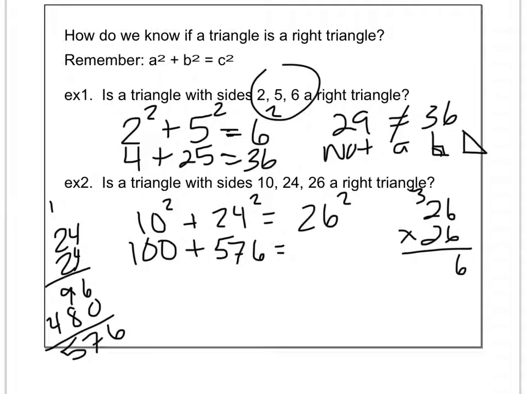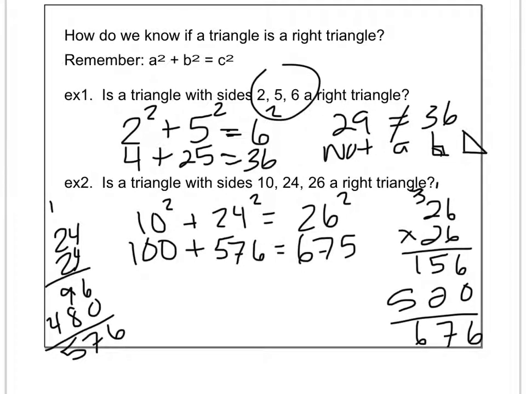So that will get us 676. And if we add the 100 and 576, then we know it checks out. So the first example was a no, but the second one is a yes.